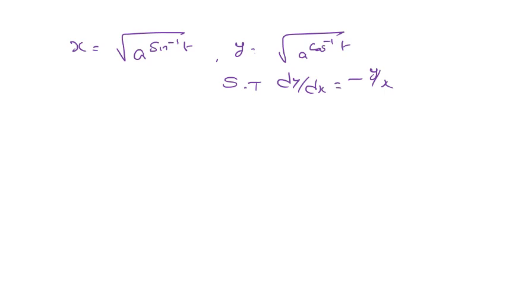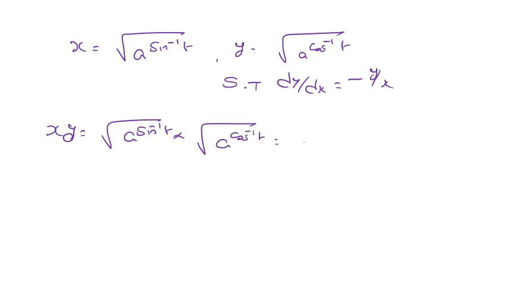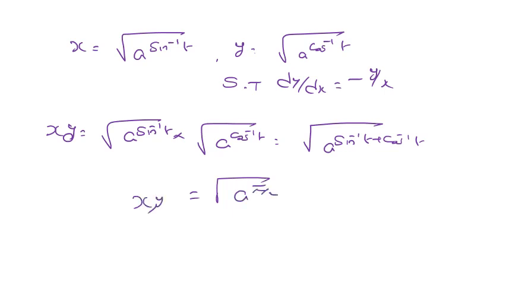Actually you can write dx by dt and dy by dt, but instead we can do it another way. Find the xy product: root of a raised to sin inverse t into root of a raised to cos inverse t, so root of a raised to sin inverse t plus cos inverse t. So what is it? Root of a raised to pi by 2.